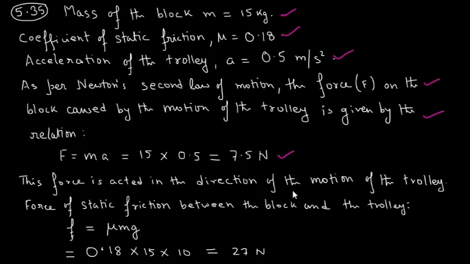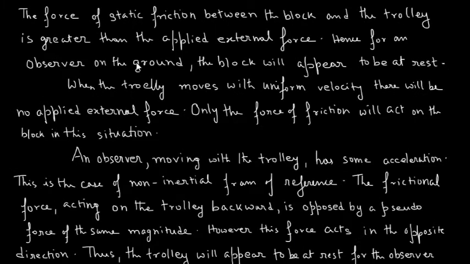Force of static friction between the block and the trolley, F is equal to mu mg. Putting the values of mu, m and g, 0.18 into 15 into 10, that is 27 Newton. The force of static friction between the block and the trolley is greater than the applied external force.